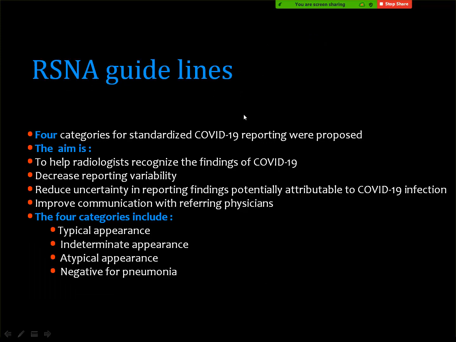But these are the recent RSNA guidelines for COVID-19. Actually, there are 4 categories standardized for reporting of the COVID-19.